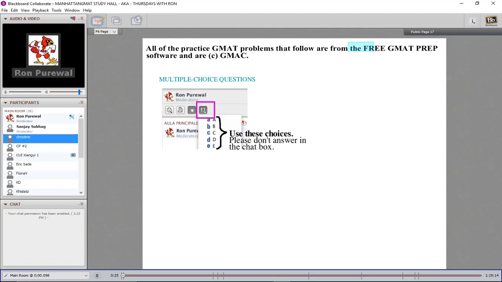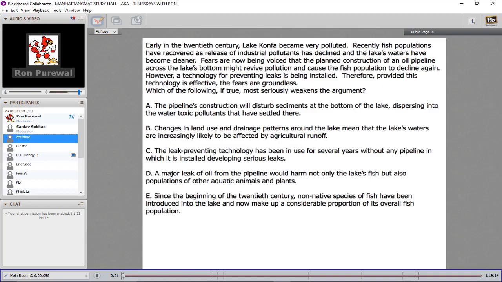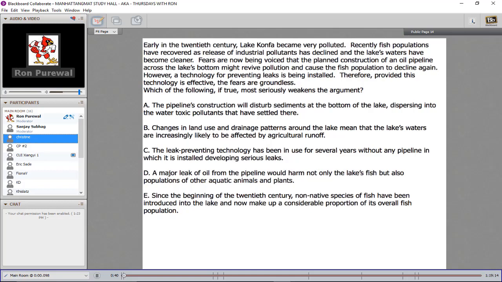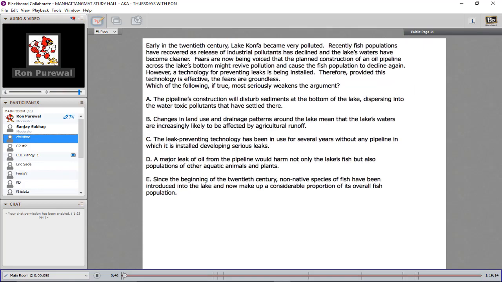Let's do it. How about that one? Remember where the answer options are found. Those are here.